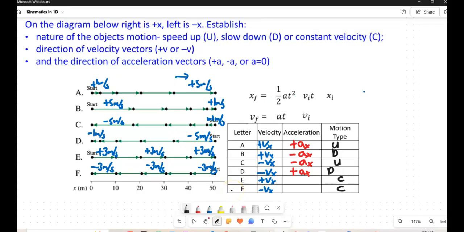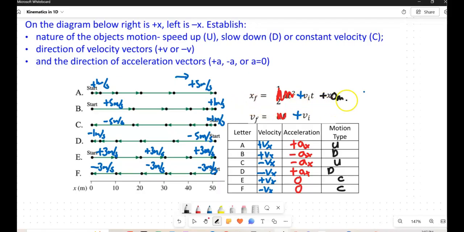Let's do the last two. Those are both pretty easy since your velocity is not changing in either case. You could say those acceleration vectors are both 0. So for E, your acceleration vector is going to be 0, so this is not going to exist at all in both equations. Yet you're going to have a positive velocity in the x direction, and your starting position here is going to be 0 meters.